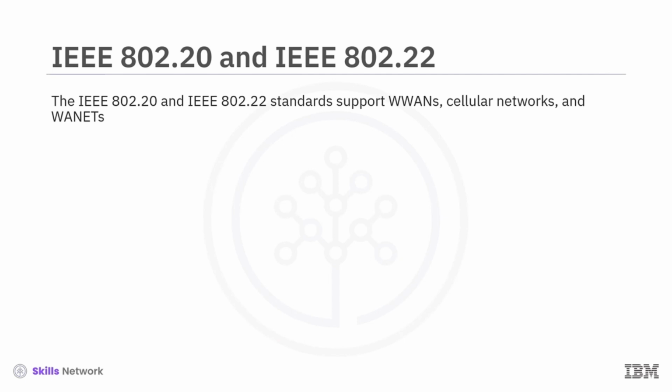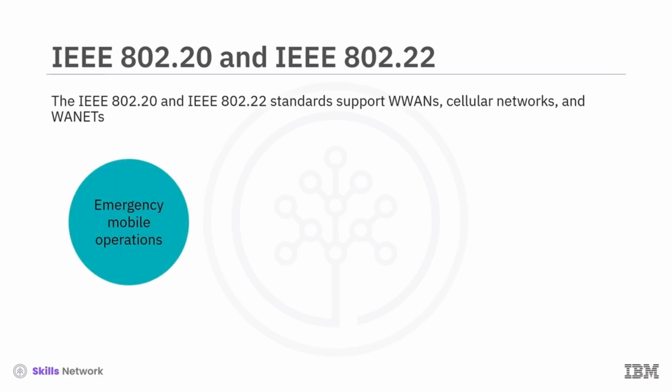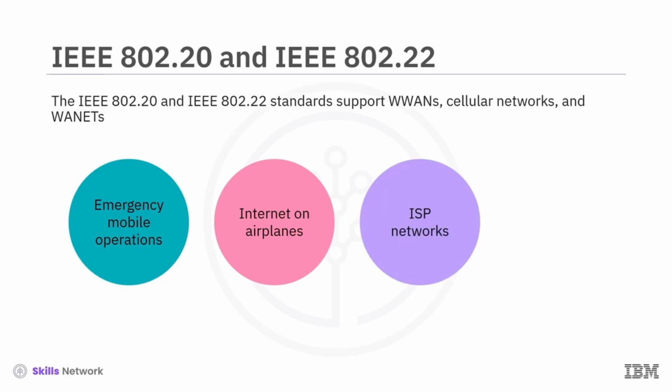The IEEE 802.20 and IEEE 802.22 network standards support WWANs, cellular networks, and WANETs. Well-known use cases include emergency mobile operations, internet on airplanes, internet service provider networks, and large-scale monitoring for things like earthquake zones, flood warnings, and space exploration.